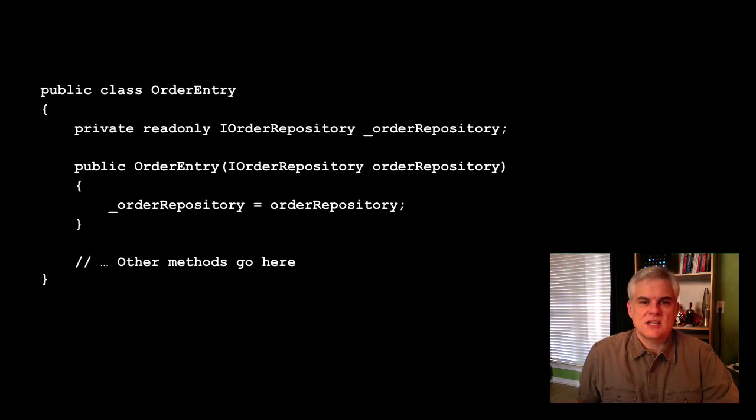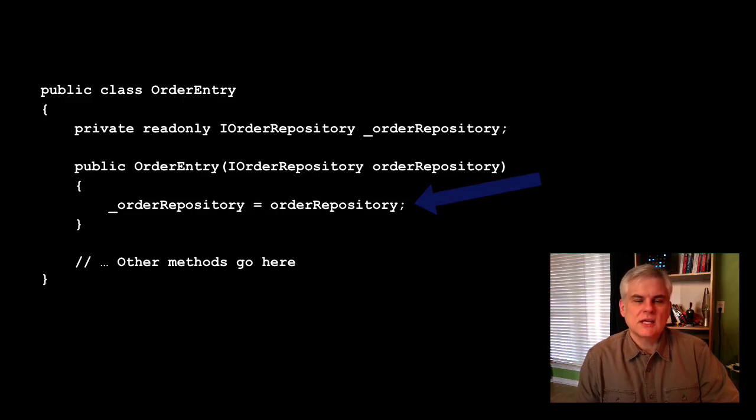Here we see an order entry class, and you'll notice that in the constructor it takes an instance of IOrderRepository, and then in the body of that constructor it saves off that instance to a local private read-only field. And whenever it needs to get to the order repository, then it'll be able to get back to it.